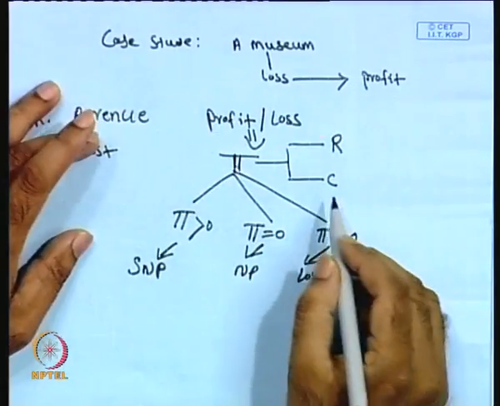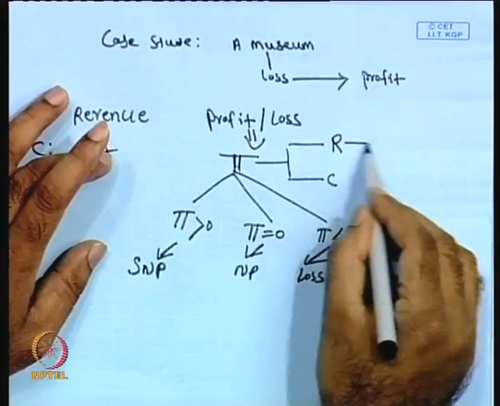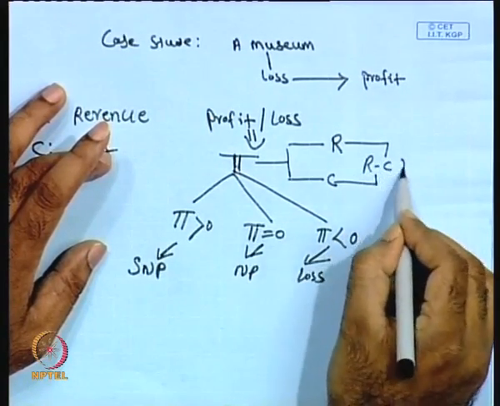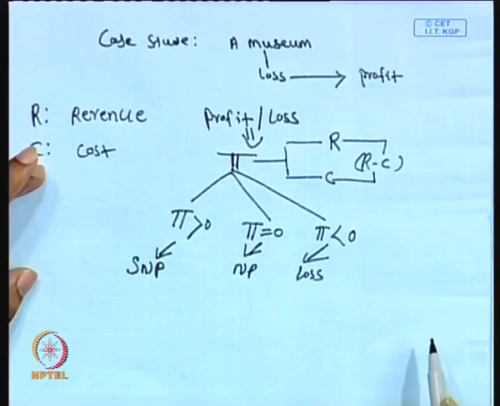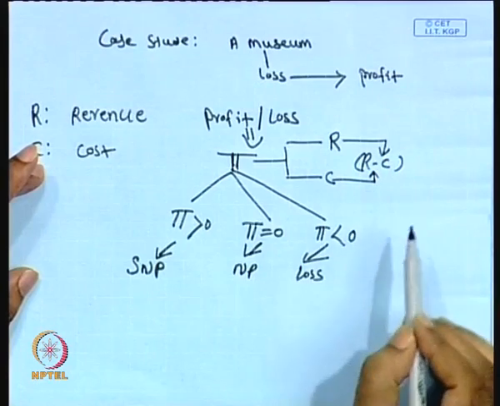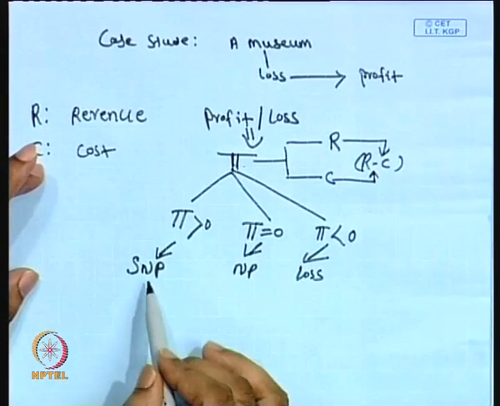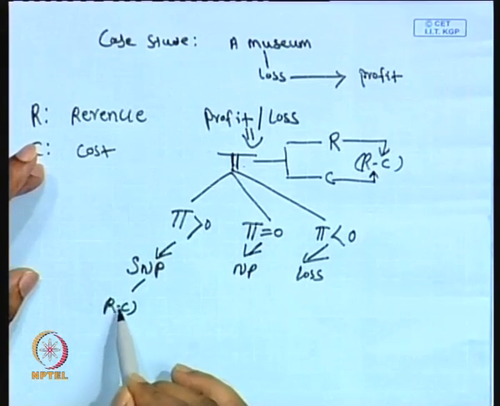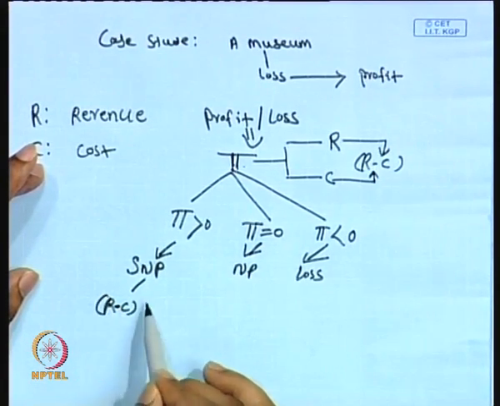So now the difference between earnings and expenditure will give you the shape of the business. On one side we have revenue, on the other side we have cost, and the difference R minus C will give you an indication about the shape of the profit. If it is supernormal profit, then R minus C should be greater than 0.